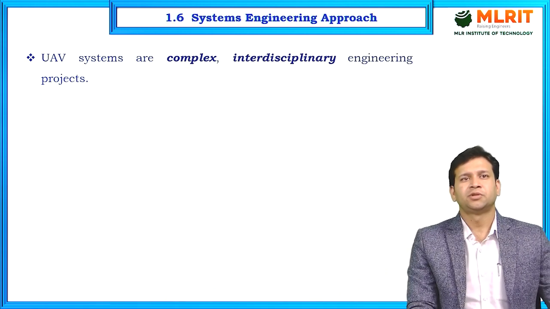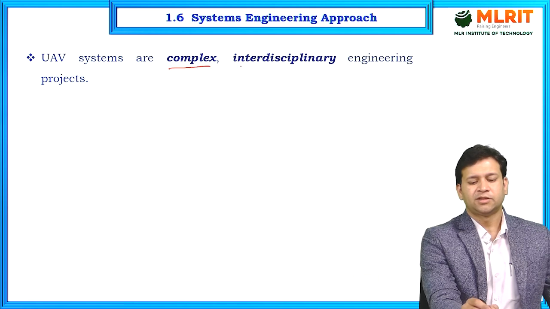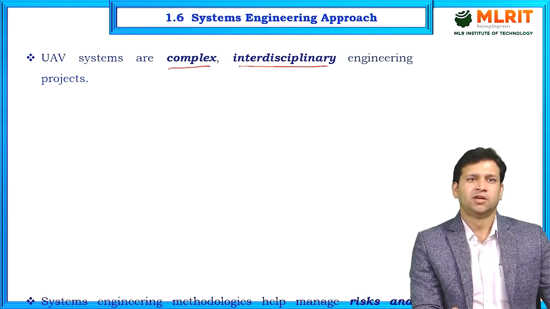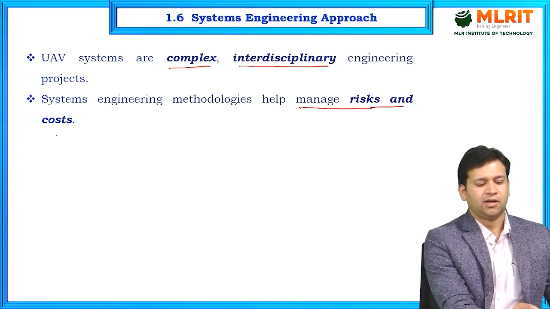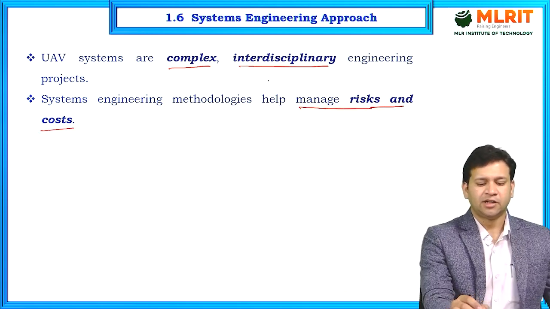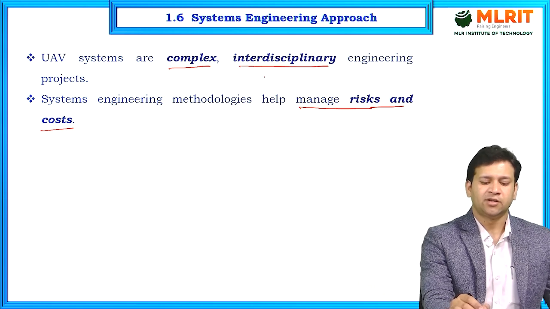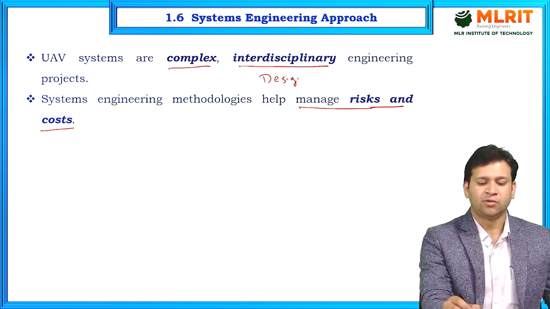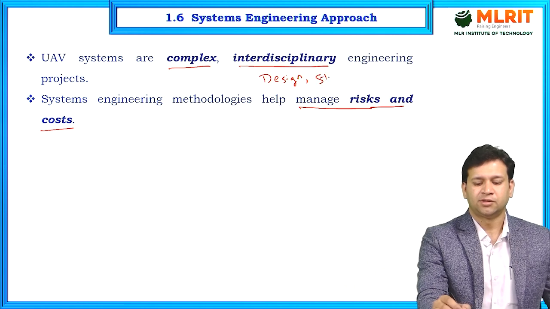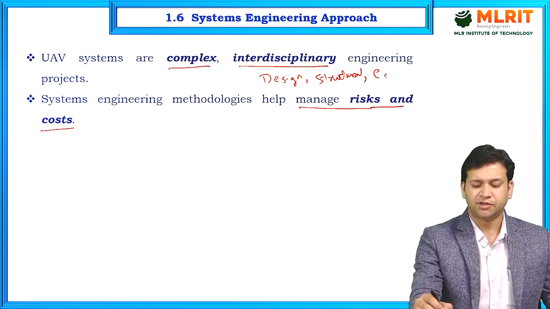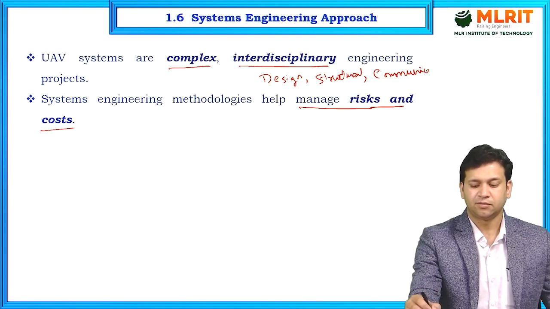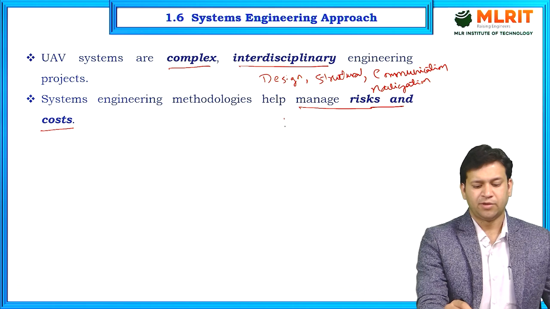Systems engineering approach. UAV systems are complex interdisciplinary engineering projects. System engineering methodologies help manage the risks and cost. Here it is interdisciplinary because it includes the areas like not only design, but it includes structure, communications, navigation, programming.